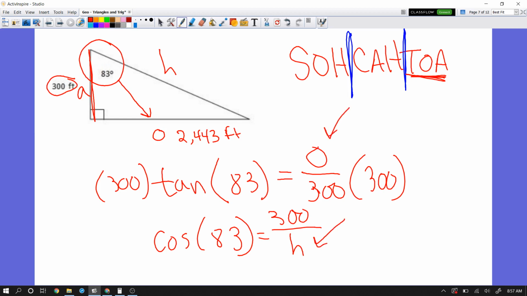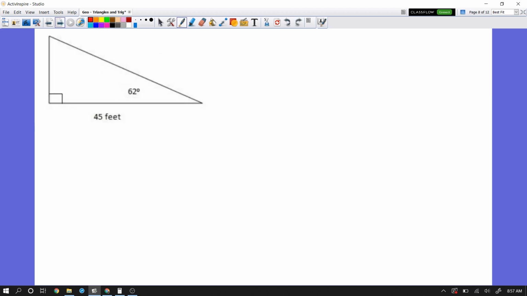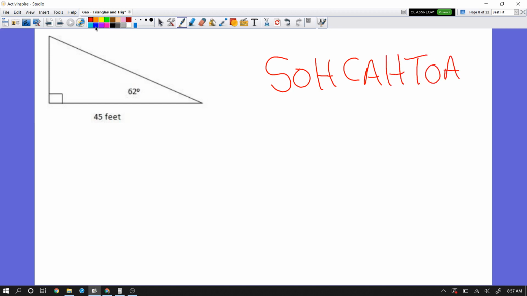Whenever it's on the bottom, we have to divide by it, which would do the inverse, which would mean we multiply it, and then we'd be cosine times h equals 300, then we have another problem to solve. So, there is more to it, but I want us to be able to identify the pieces.